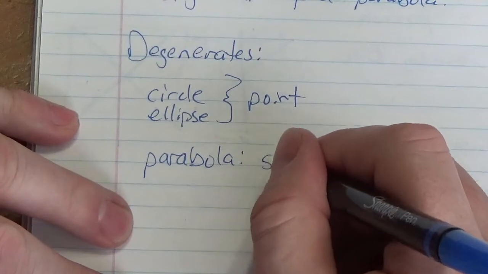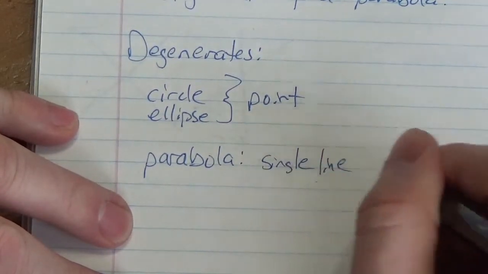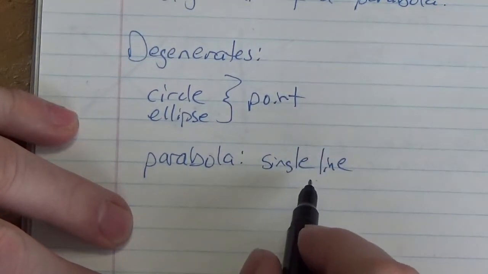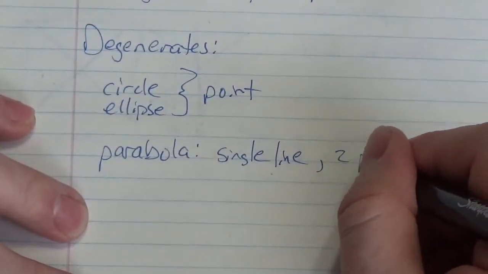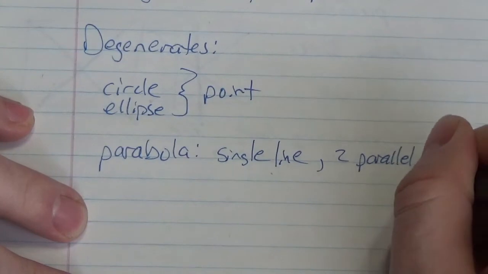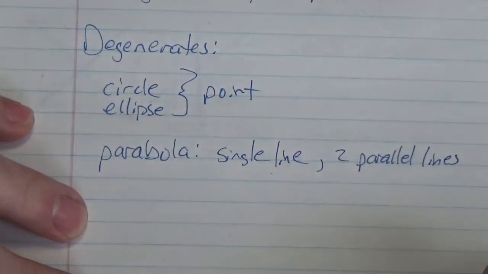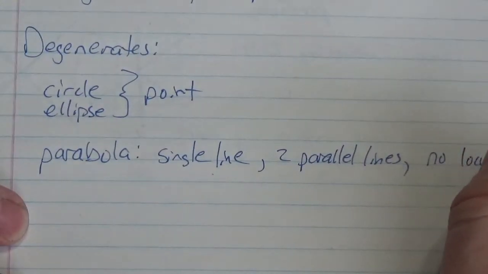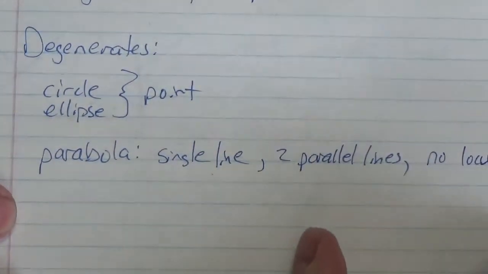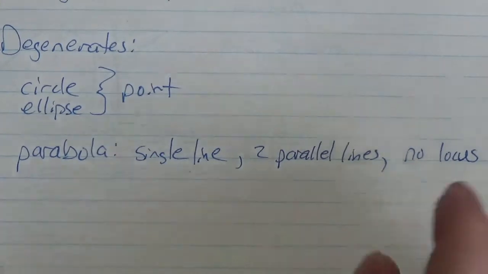We've got a single line. We get that single line whether we're using the double nap cone or the cylinder. We can get two parallel lines, but that's only if we're talking about this in terms of the cylinder, or we could get no locus, which is, again, only in the situation when we're dealing with a cylinder.